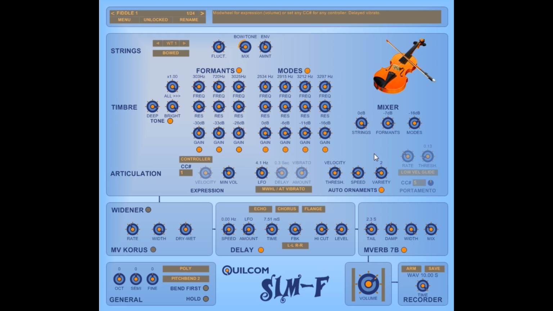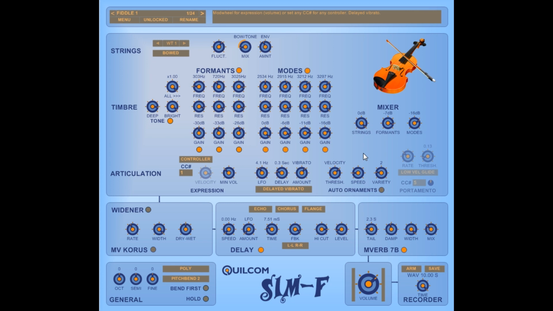So the fourth note will be played harder for an ornament. Okay, so you tend not to hear that so much in Irish fiddle music, but you've got it anyway.